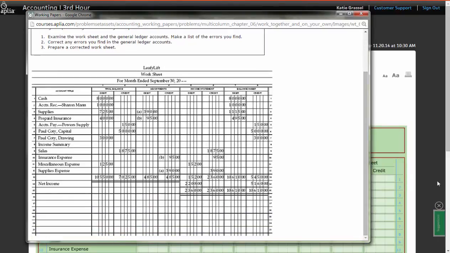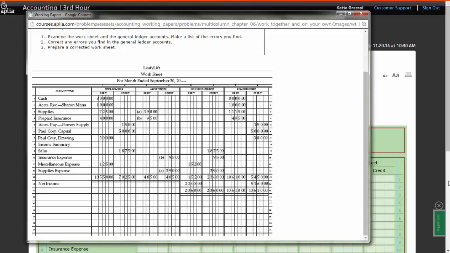So an accountant that was not very good, or a bookkeeper that was not very good, went through and created this worksheet for Leafy Lift. Okay? We know there are four reasons that we go through and prepare a worksheet. Trial balance. Trial balance proves that our debits and credits equal after posting.